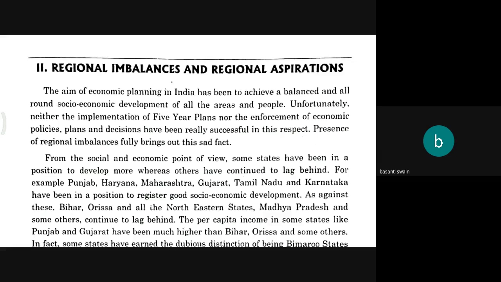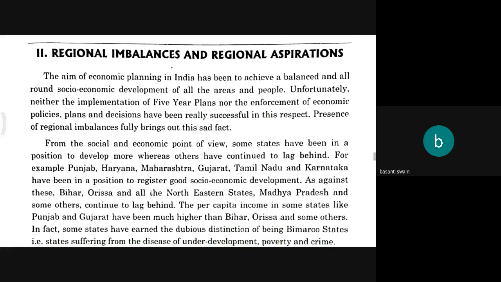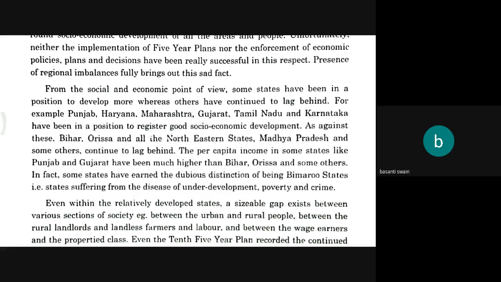From the social and economic point of view, some states have been in a position to develop more, like Maharashtra, Gujarat, Tamil Nadu, Karnataka. They have registered good socio-economic development in India.